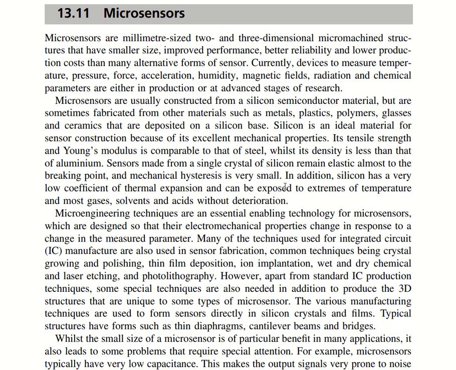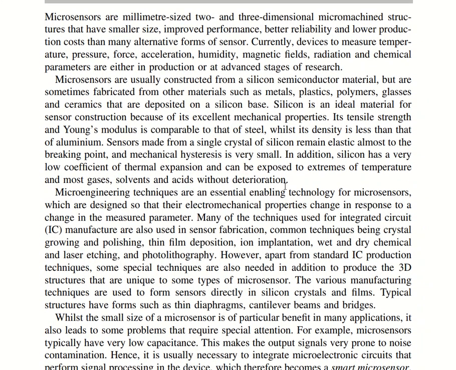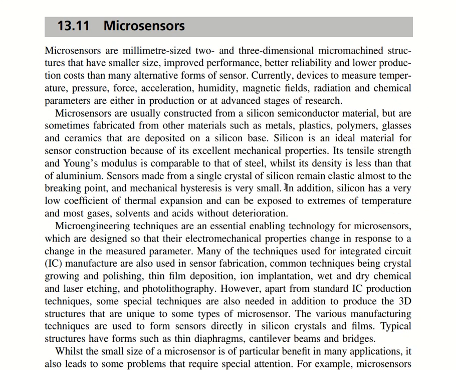Then we have the micro sensors in the last. So micro sensors are millimeter sized two and three dimensional micro machined structures that have small size and improved performance. They have better reliability and lower production cost than many alternative forms of sensor.